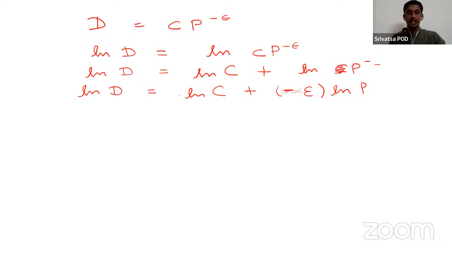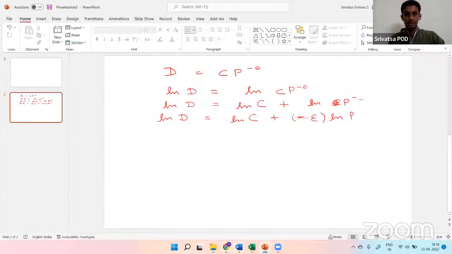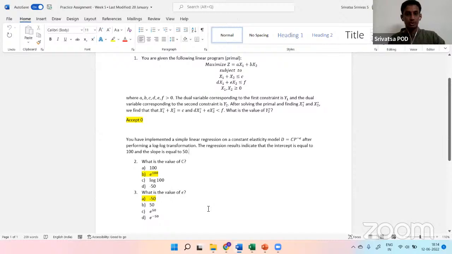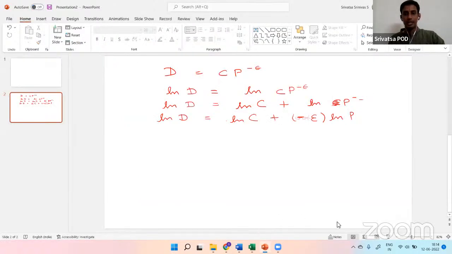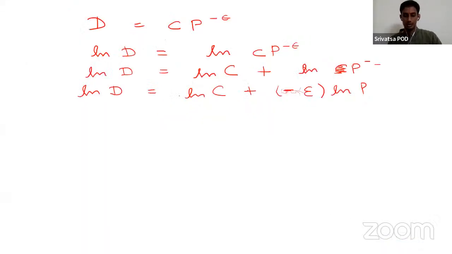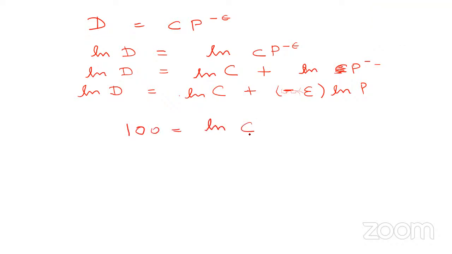We understand that the intercept value is equal to 100, and the slope was equal to 50. So we come back here, the intercept is equal to 100. Therefore, 100 is equal to ln C. Now we need to find the value of C.